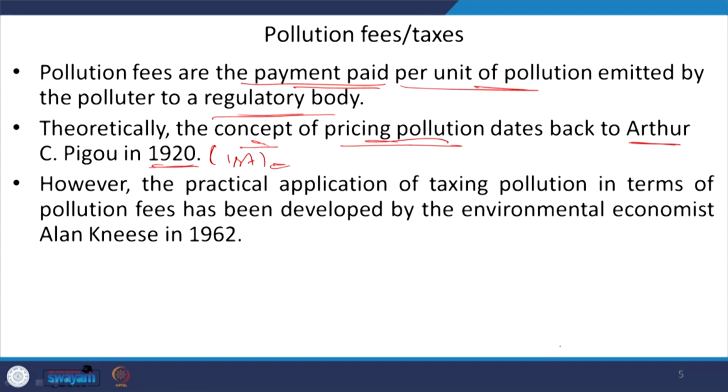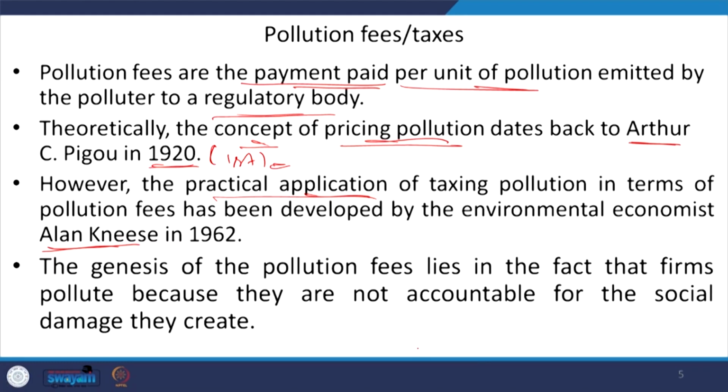However, if you are talking about the practical application or implementation of this pollution fee, it was developed by the author Alan Kneese in 1962. He is an environmental economist, and he talked about how we can apply this pollution fee concept in order to reduce the pollution itself.